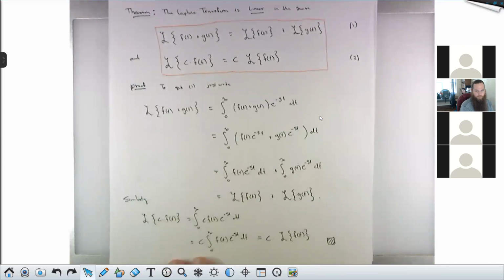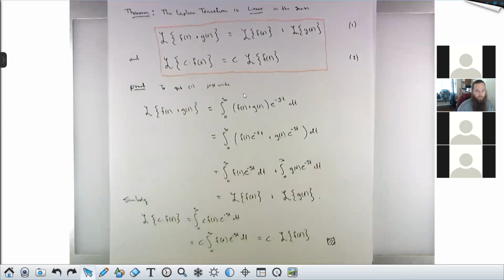So here was the end of that proof. To get the constant times Laplace transform, we just wrote down the integral. And then the big step is here to here, right? Here to here is where we use the fact that the integral is a linear operator. That's what this all relies on, right?